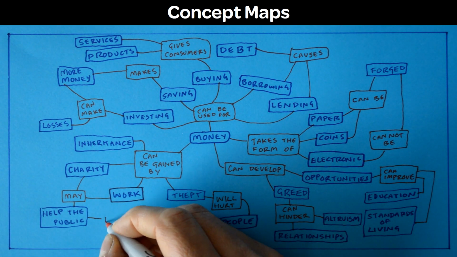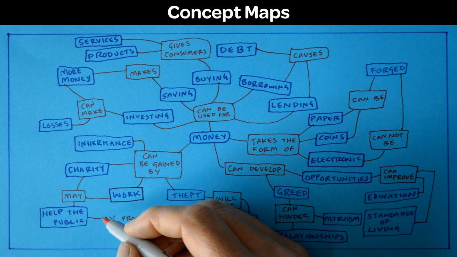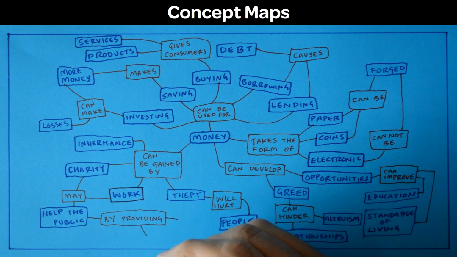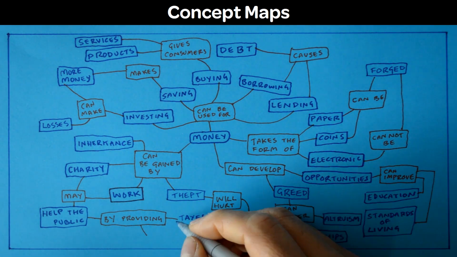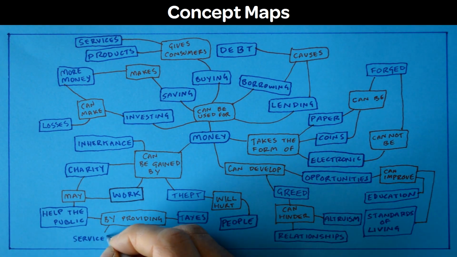The final linking phrase I'll use is by providing. So we can see charity and work may help the public by providing taxes, relief or aid, and services.